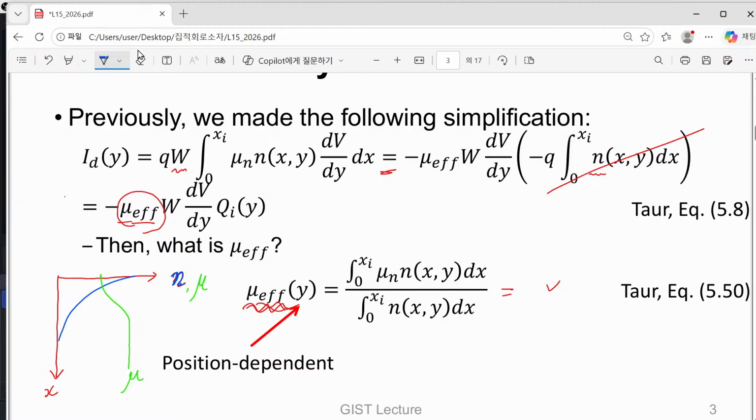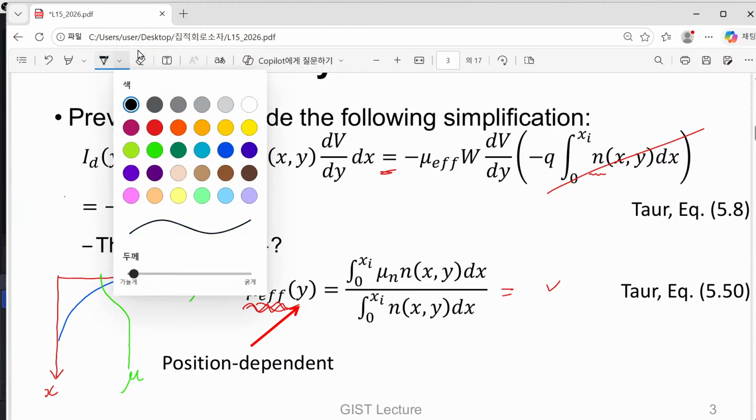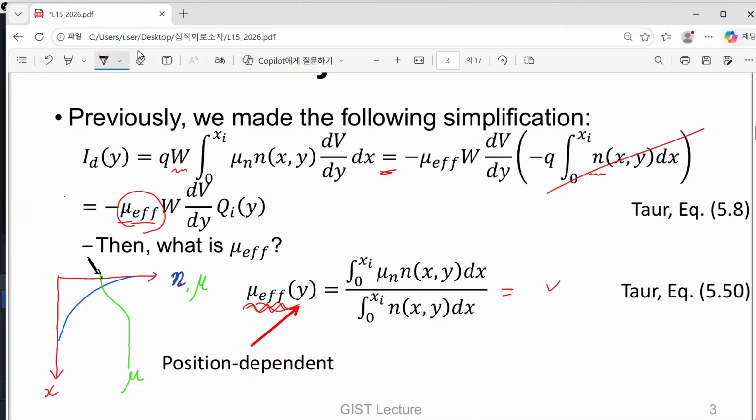Then if we perform this equation 5.50, what will be the value of our evaluated effective mobility? Which quantity decides the effective mobility? You can immediately understand the answer should be the value at this point, because this electron density is used as a weighting factor for this averaging procedure.